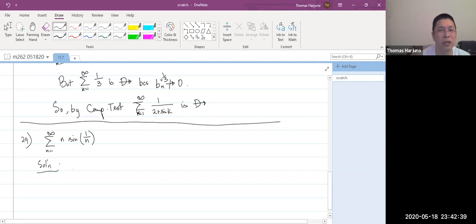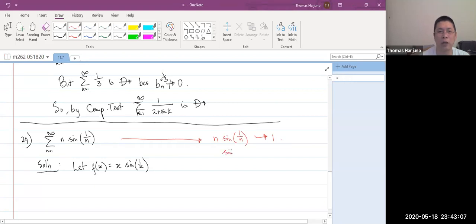I will do it this way. Let f(x) equal x sine 1 over x. Now I want you to see that this actually converges to 1. How do I know?